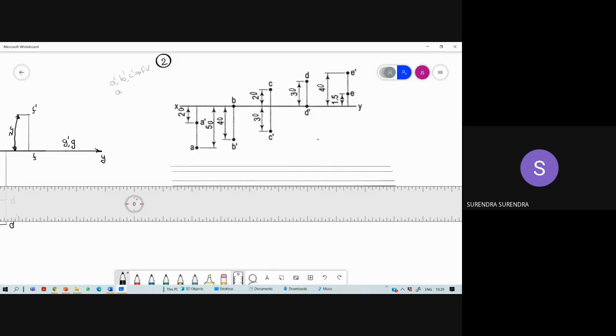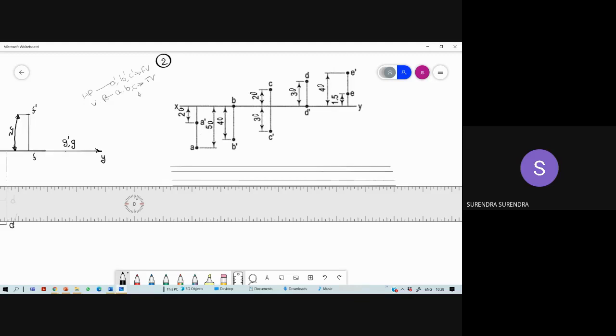Is it visible here? A, B, C, and so on represent top view position, and front view position is always related to distance from HP, and top view is always related to distance from vertical plane. So if you remember this, you can answer this solution.